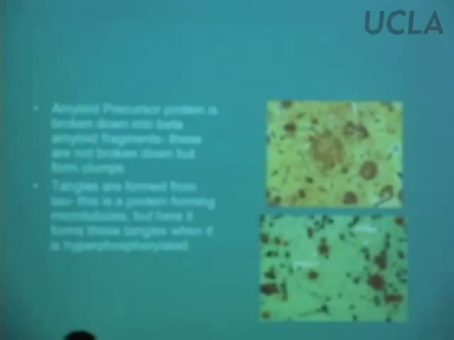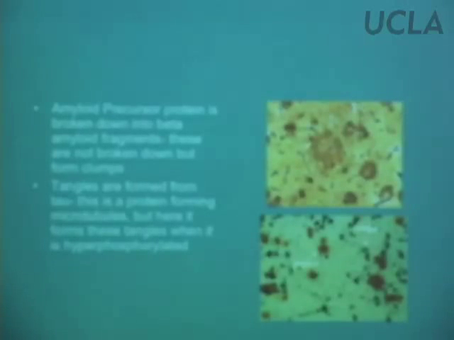Okay, so a little highlight of what these plaques and tangles look like. Here are some plaques. Here's another one, this brown thing. Here are some little tangles. So what are the plaques? Well, you have a protein in your brain or in your body, amyloid precursor protein, and it can be broken down into fragments that are called beta amyloid fragments.